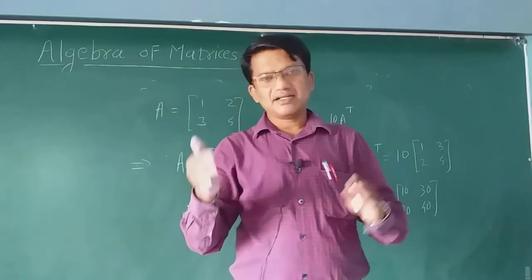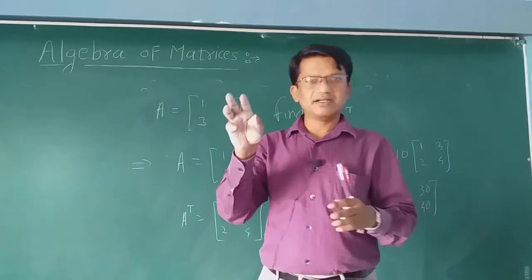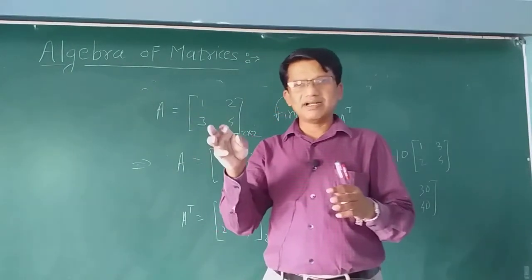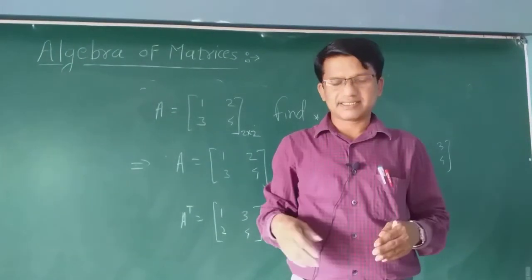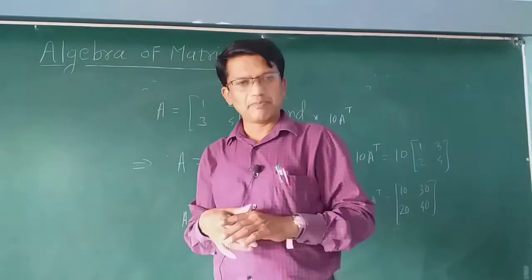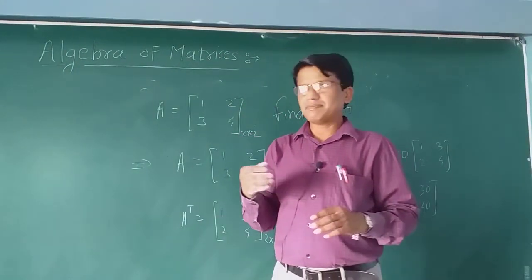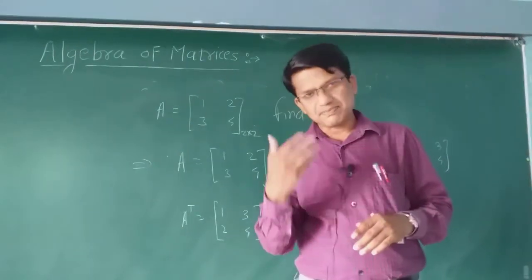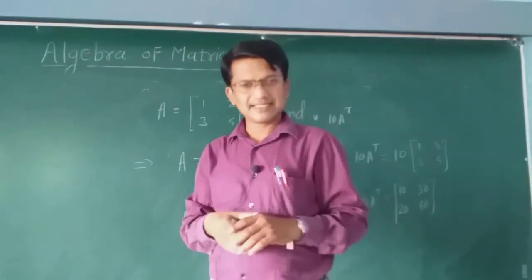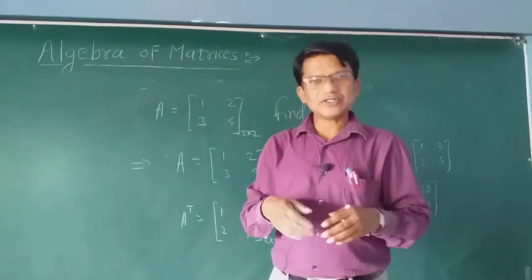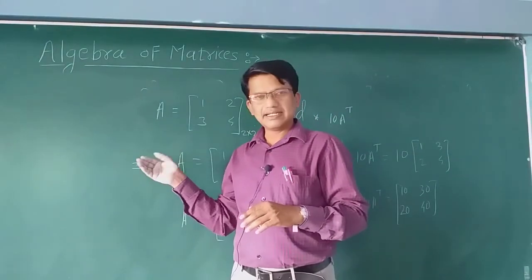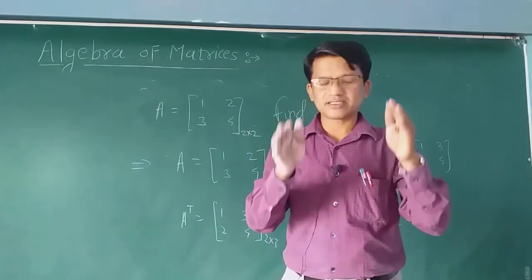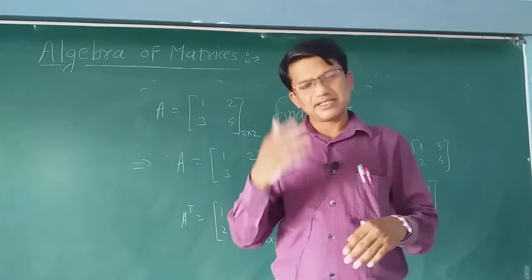After that, if a scalar, a number, is given, how we multiply the number with the given matrix, and the related properties. After that, how to add two matrices, how to subtract two given matrices, and we have also discussed similar examples based on the given properties.